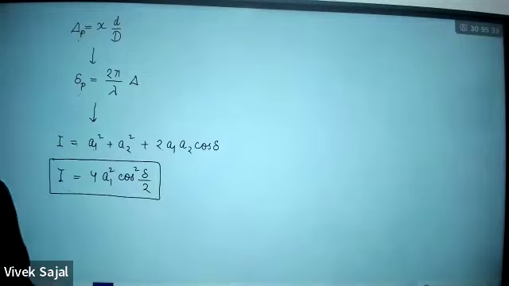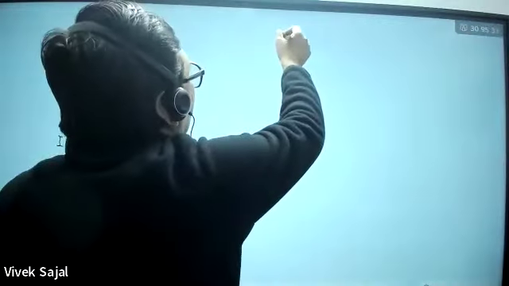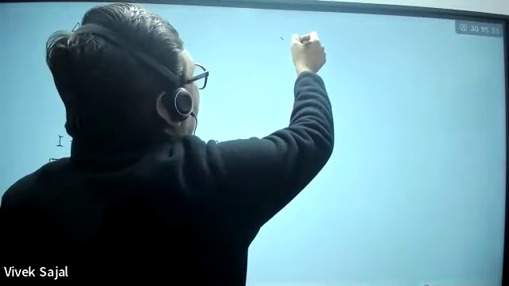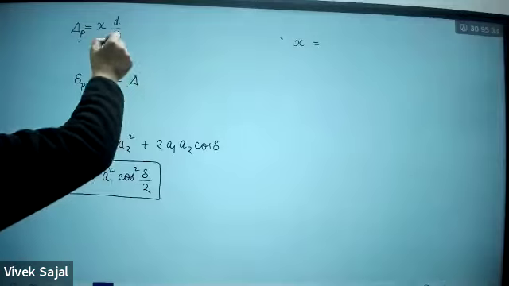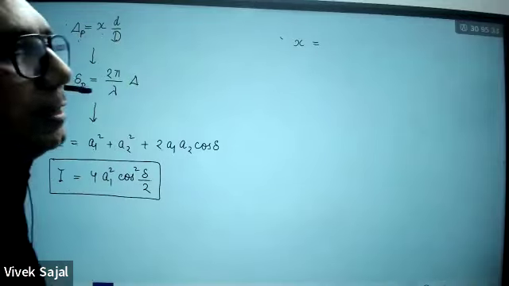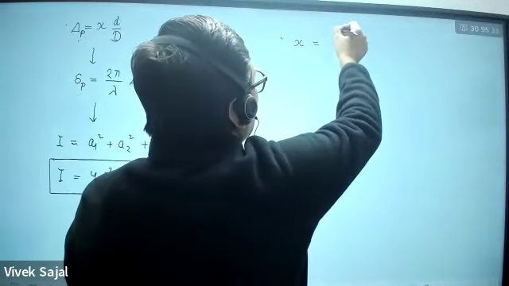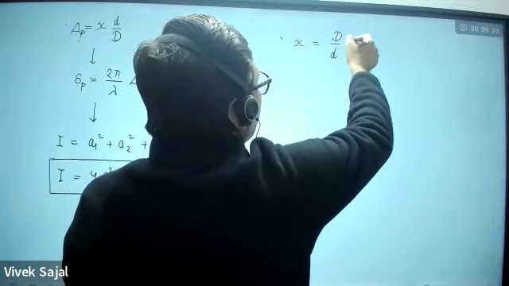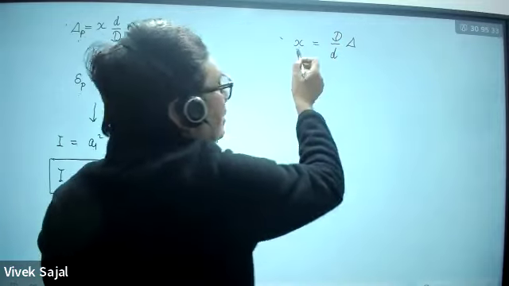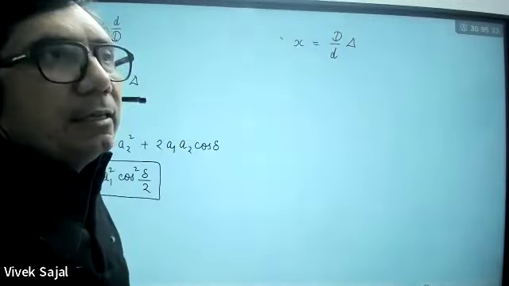Yes, sir. Good. Now, if you look at this formula, what will be x? x will be capital D by small d into delta. This is the distance of a point from the center of the screen.